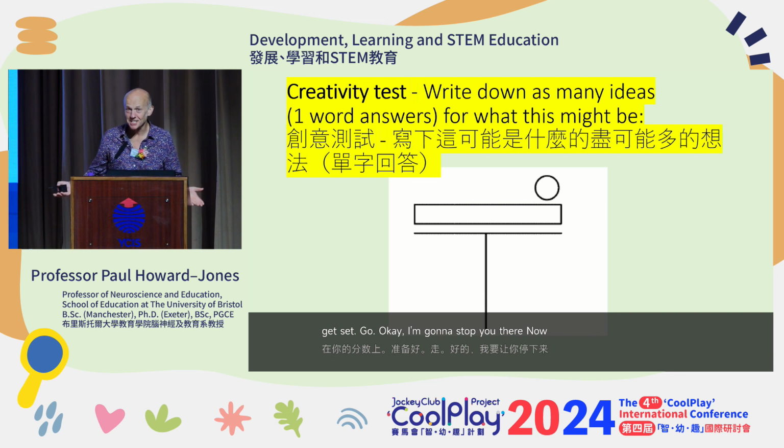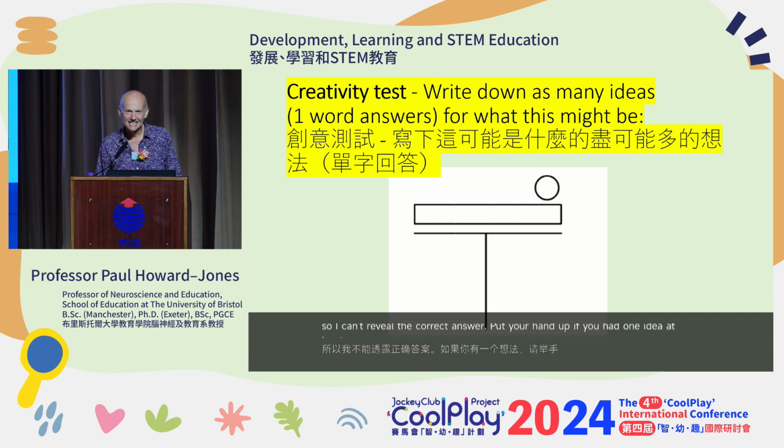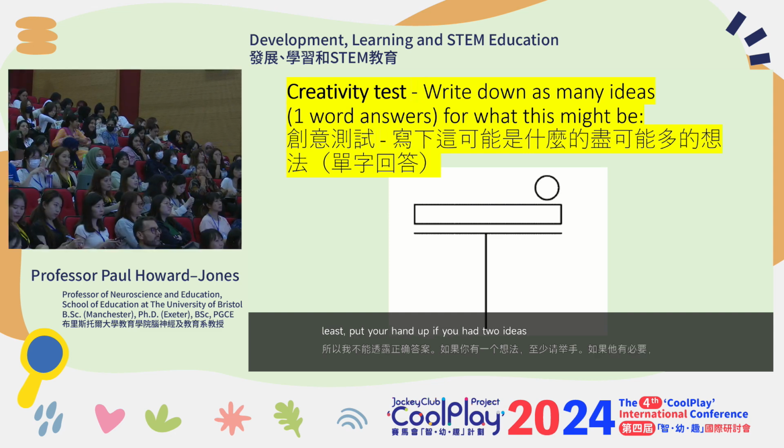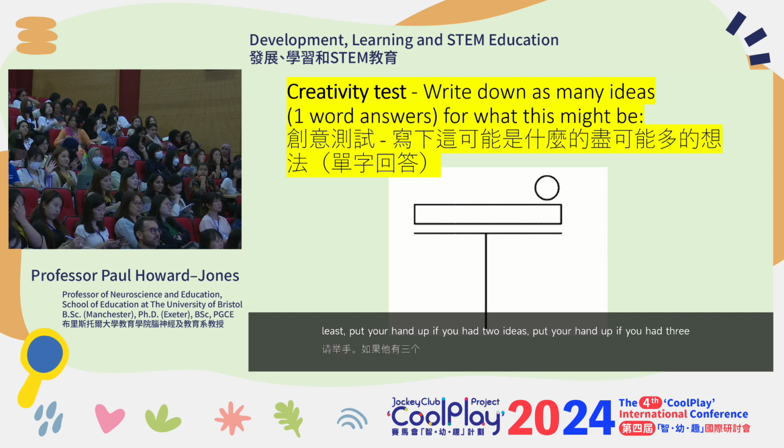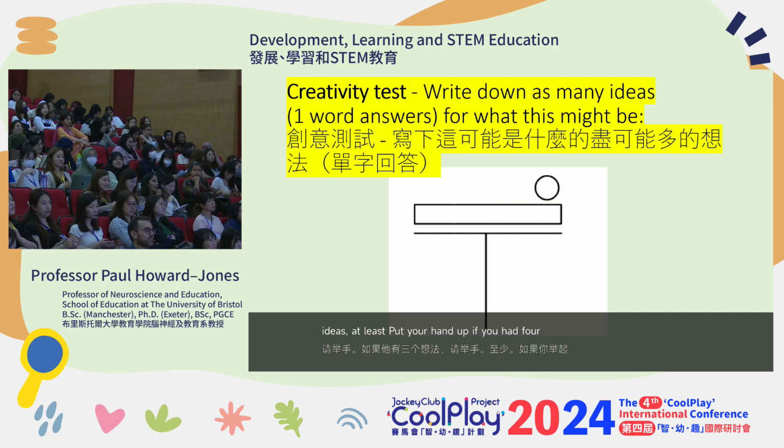Now, there's not a right answer to this, so I can't reveal the correct answer. Put your hand up if you had one idea at least. Put your hand up if you had 2 ideas. Put your hand up if you had 3 ideas at least. Put your hand up if you had 4 ideas at least.